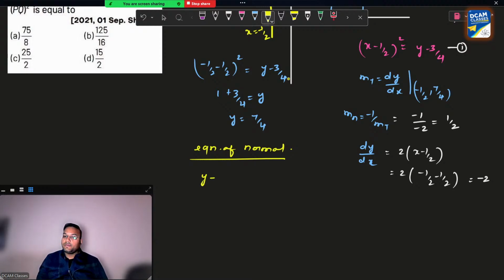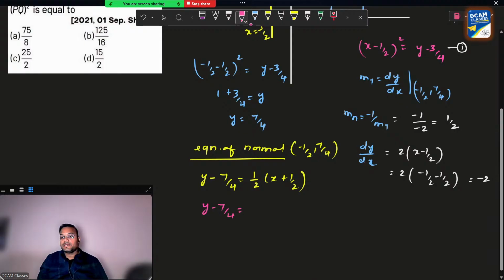So the equation will be y minus 7 by 4 is equal to the normal slope 1 by 2 into x plus half. Find out this equation. This will be your equation of normal. y minus 7 by 4 is equal to x by 2 plus 1 by 4.